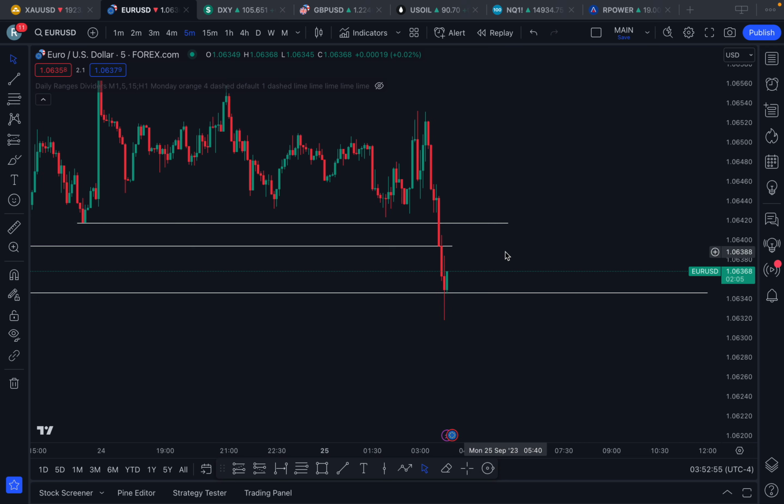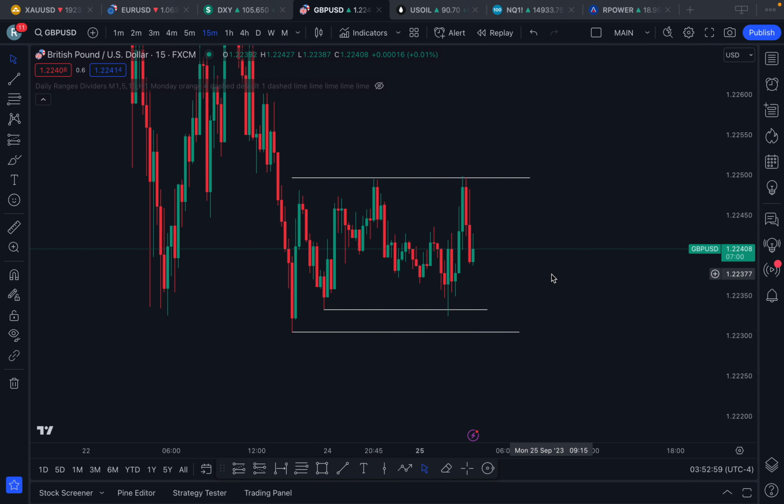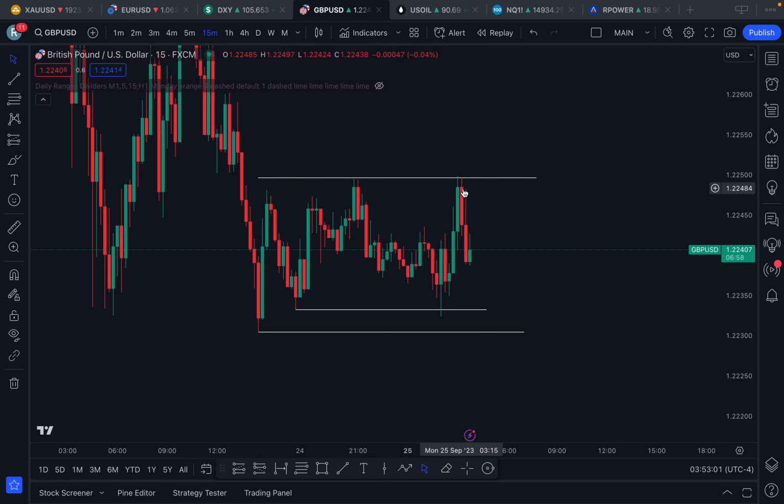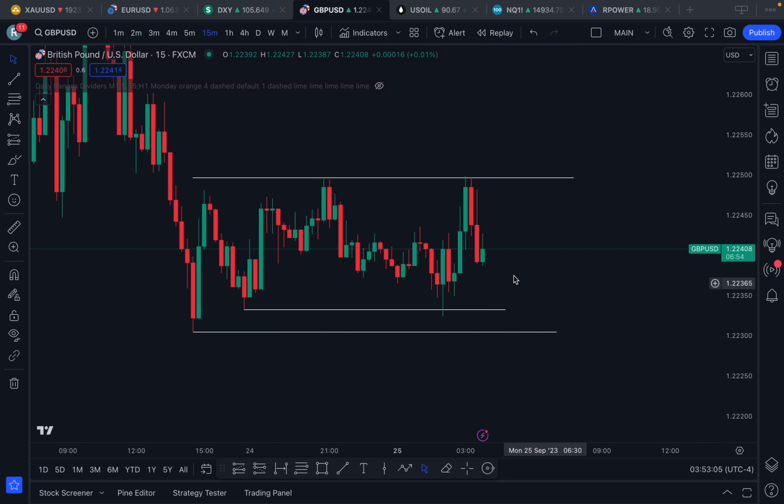Okay. We already see market going up. In pound, there's already sell side liquidity attacked, and then that's a fair value gap left open.